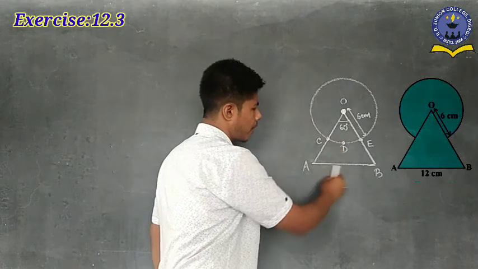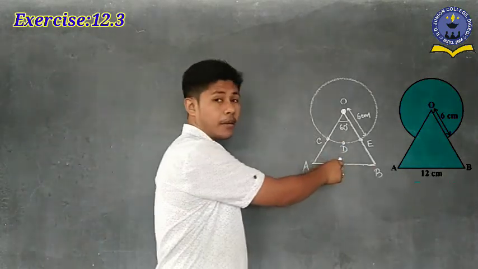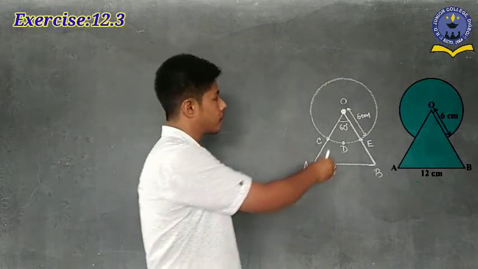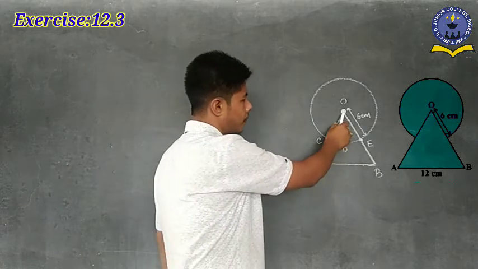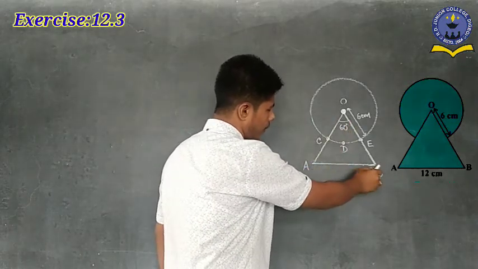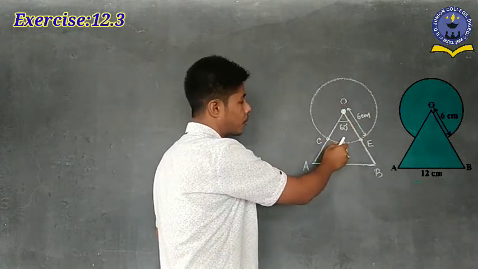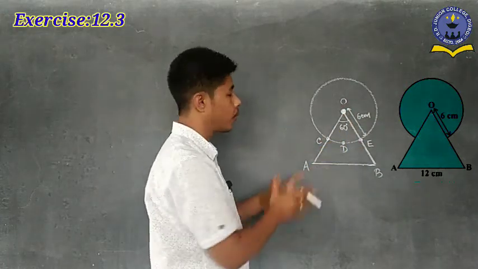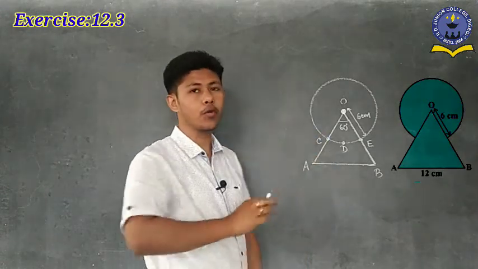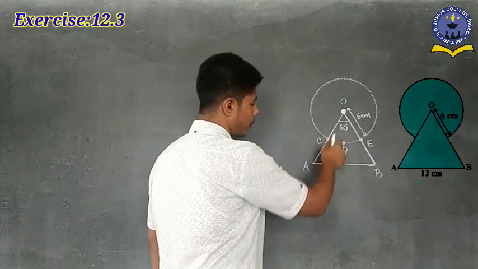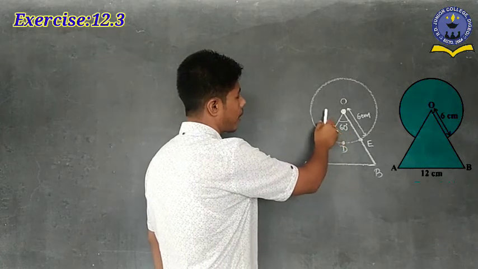Now first of all, how can we do this one? First of all, we have to find out the area of this equilateral triangle. Is it clear? Then next we have to find out the area of the circle. Now if we draw this equilateral triangle and this circle separately, this portion is common in both diagrams, isn't it? So in two ways we can solve this one. Either we find out the area of this equilateral triangle, and then the area of this major sector.